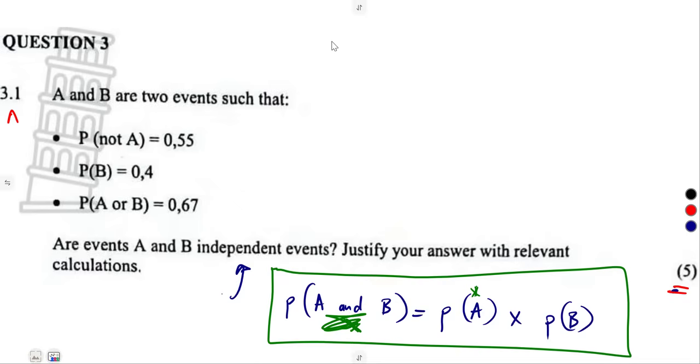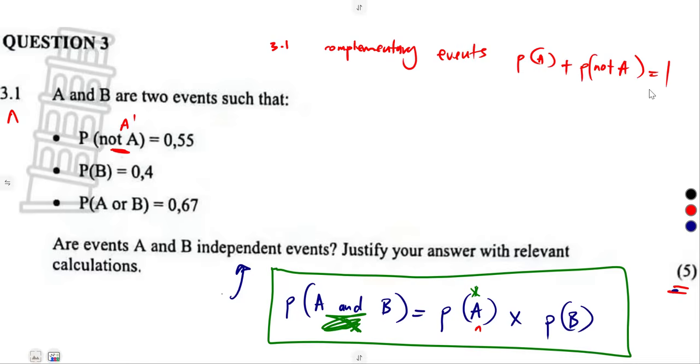So let's start by finding the probability of A. Why probability of A? Remember from the complementary events, if I am given a probability of not A, I can find probability of A. Remember that the probability of A plus the probability of what is not in A is supposed to give us 1.